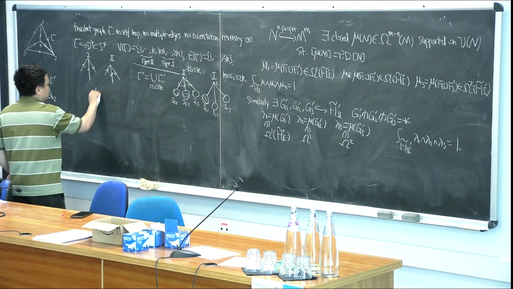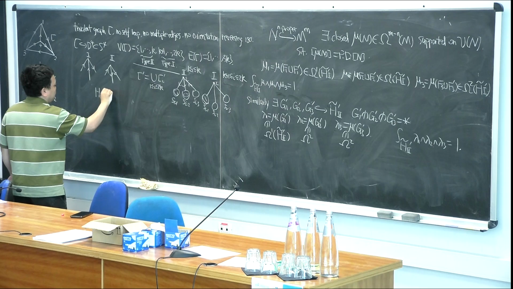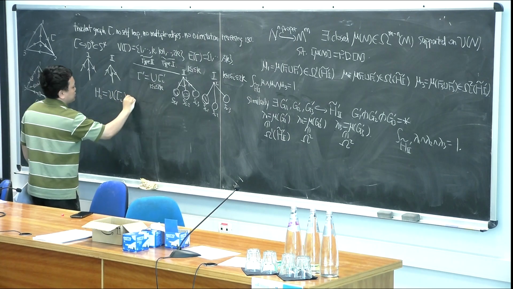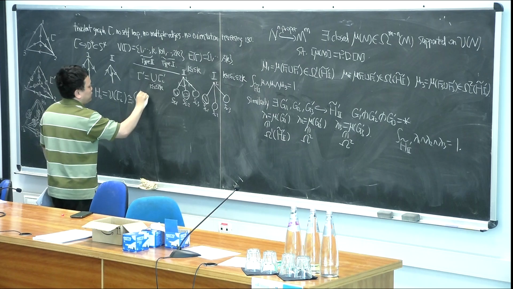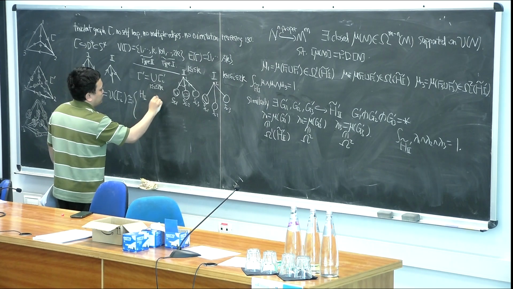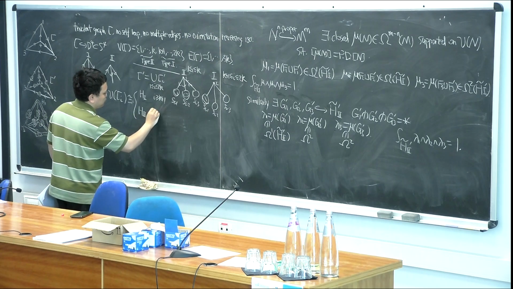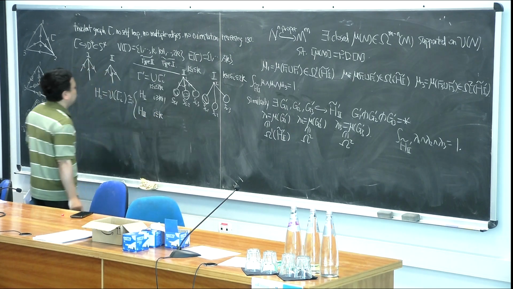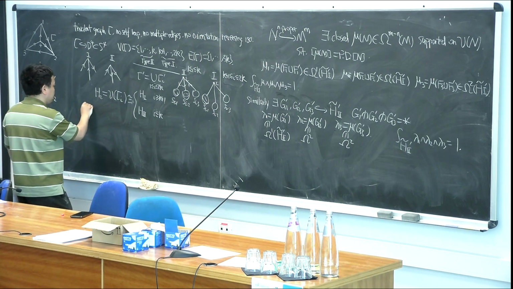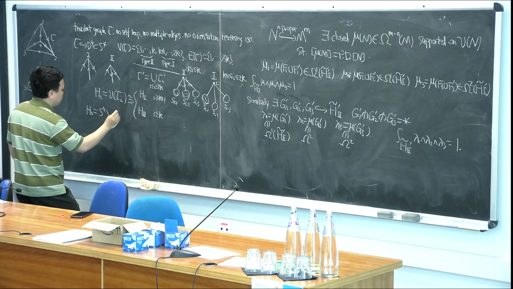So we denote the tubular neighborhood of the ith component by hi, and this is diffeomorphic to h1 if i is greater or equal than k plus 1, and h2 if it is type 2. Okay, so we have two types of handle bodies here. We also let h0 be the complement of all these handle bodies.